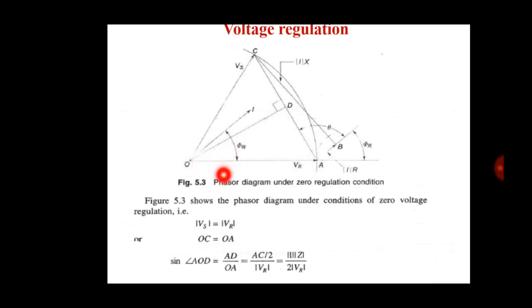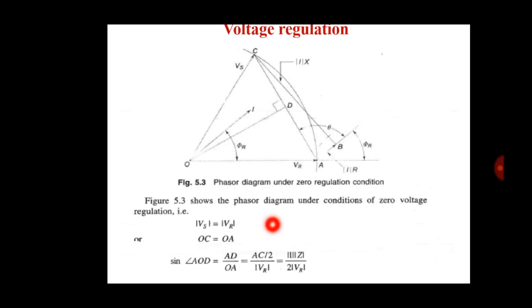AD is equal to AC divided by 2, because point D is the midpoint of AC. And OA is equal to VR.